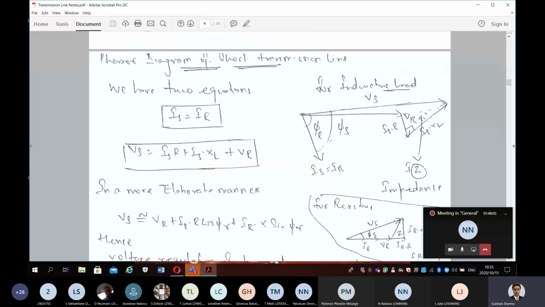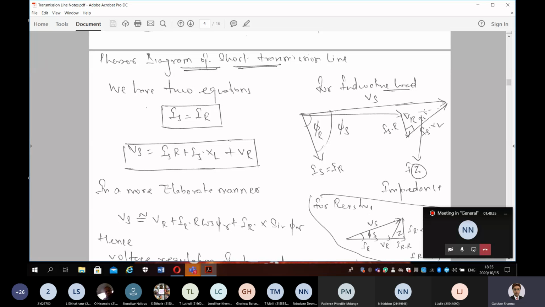So that is why there is a drop of Is into R. In the same direction as the current, we take this point here. In this direction, there is the Is into R drop. Now there's one more drop, that is Is into XL, the leakage reactance. That is drawn at 90 degrees, or perpendicular, to this drop.